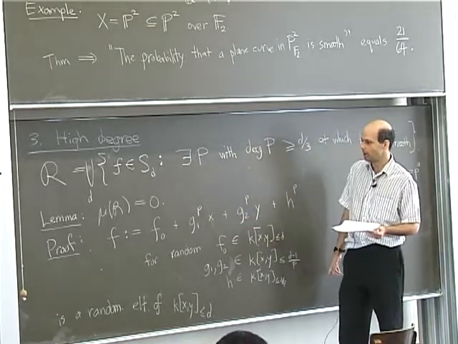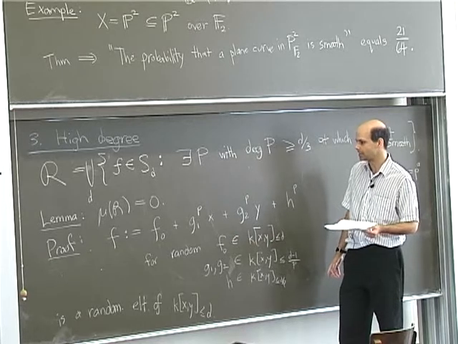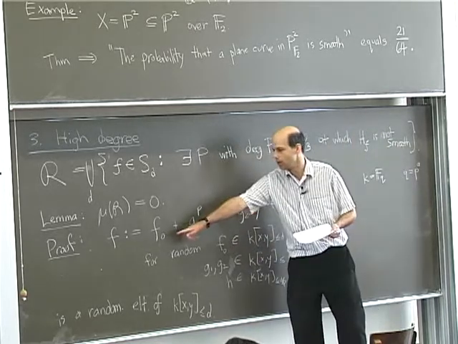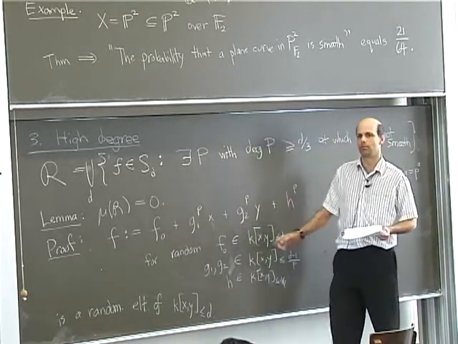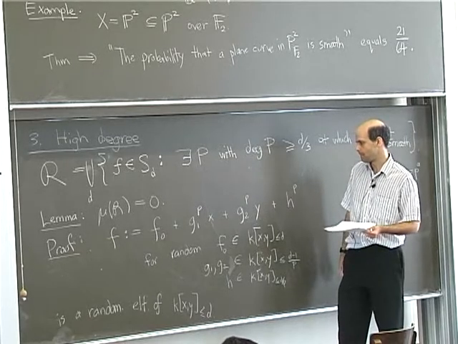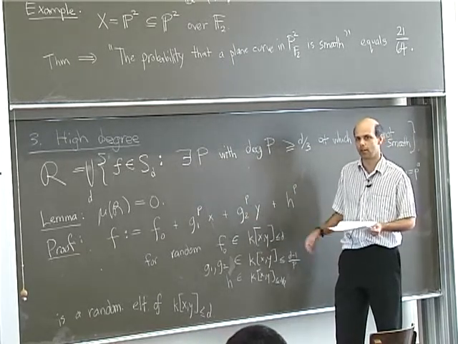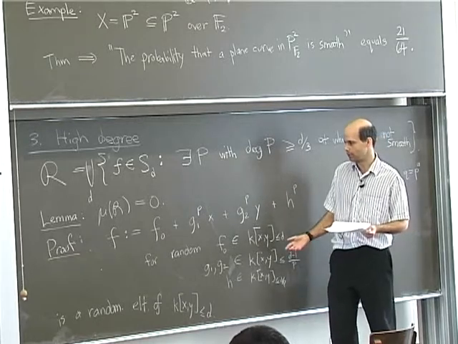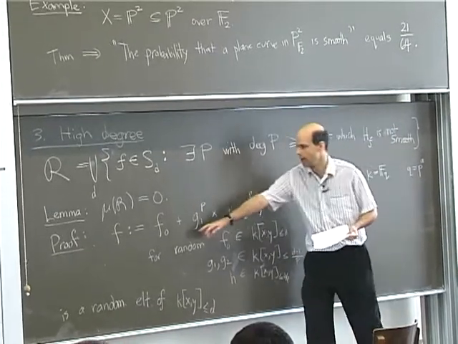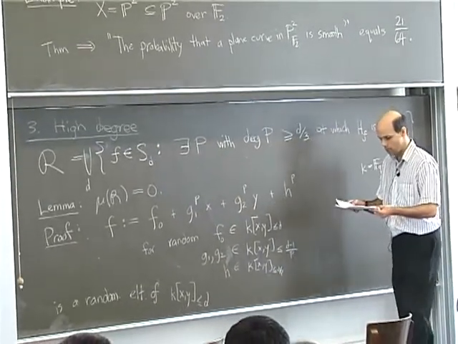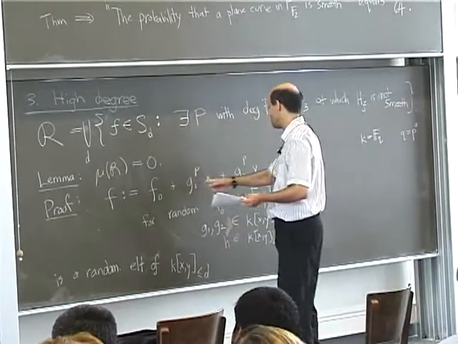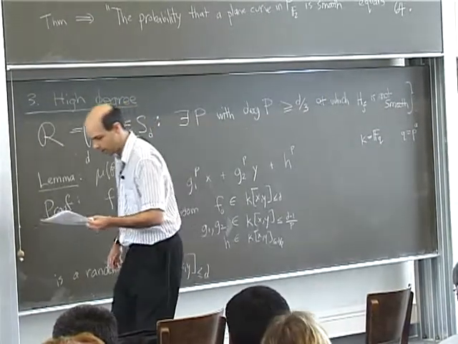For example, if I want to know the derivative with respect to x, I only need to know f0 and g1, because everything else is a p-th power, has x occurring to a p-th power. Similarly, if I want the partial with respect to y, I only need f0 and g2. So I'm going to choose them in this order: f0, g1, g2.